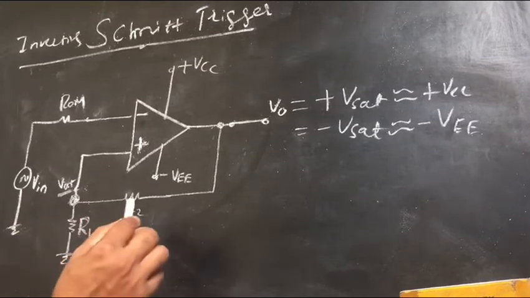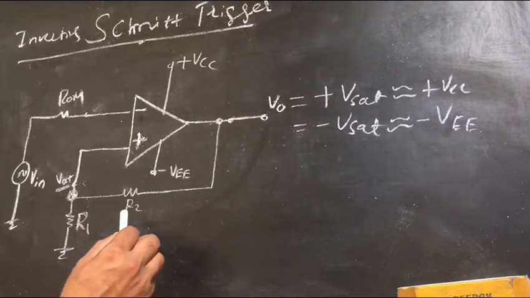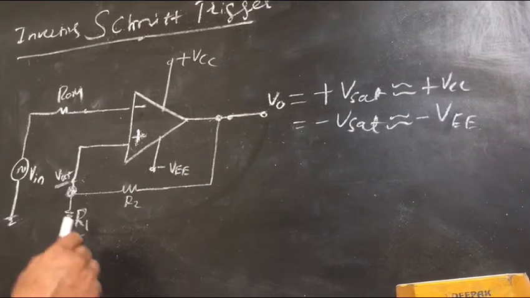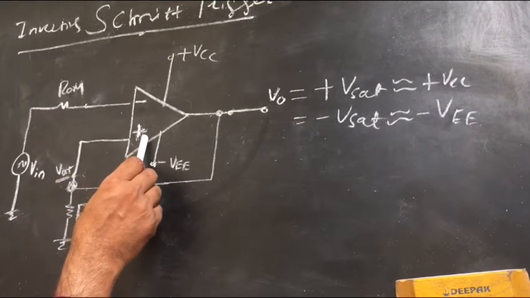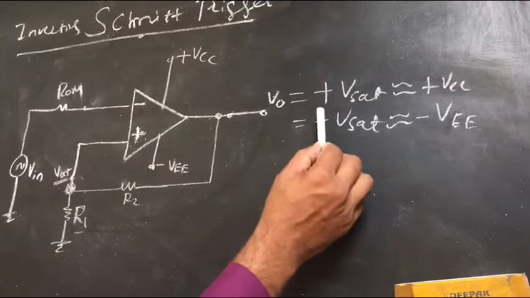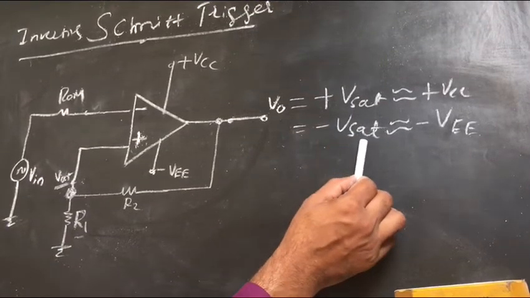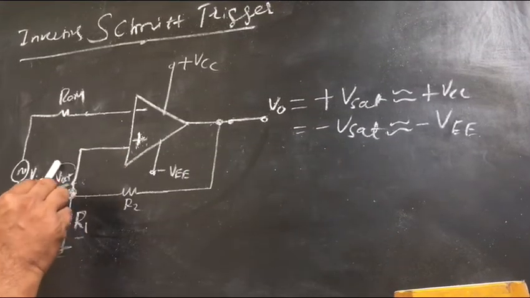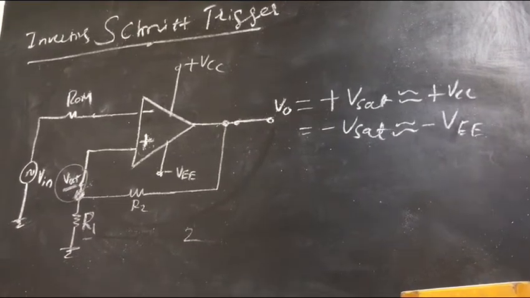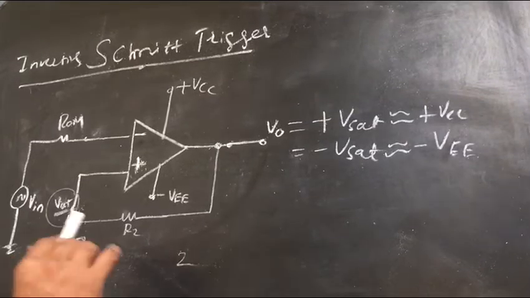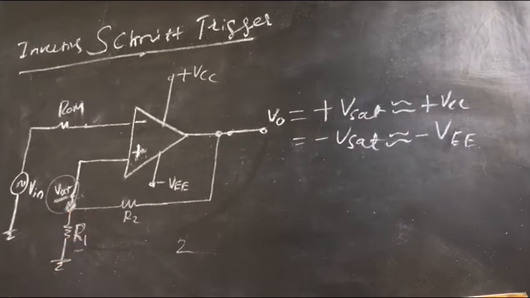Students, since we are taking the voltage across R1 as a reference voltage for inverting Schmitt trigger, and output has two possibilities like plus Vsat and minus Vsat, therefore reference voltage has two possibilities, or it gives two reference voltages.